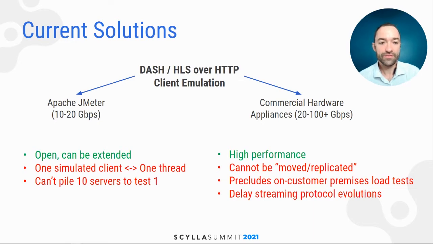We cannot perform the test on the customer premises on the specific hardware setup of a given customer. And finally, there is a delay between streaming protocol evolution and the availability of the latest features for testing. This precludes us from testing, for example, low latency and the various latest developments that we are currently doing.